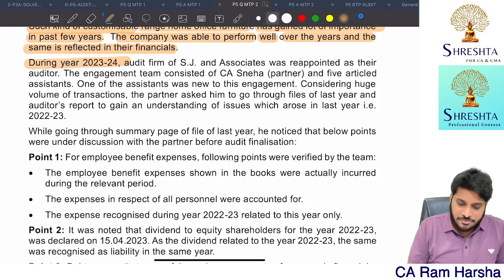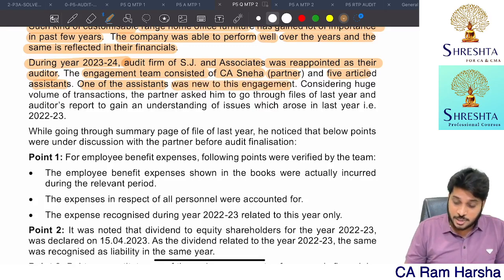During the year 23-24, audit firm SJ and Associates was reappointed as their auditor. The engagement team consisted of CS Neha, the partner, and 5 article assistants. One of the assistants was new to this engagement. Considering the huge volume of transactions, the partner asked him to go through the files of last year and the auditor's report to gain an understanding of the issues which arose in the last year.